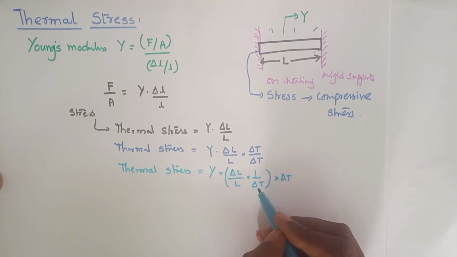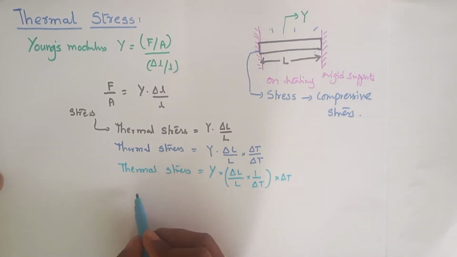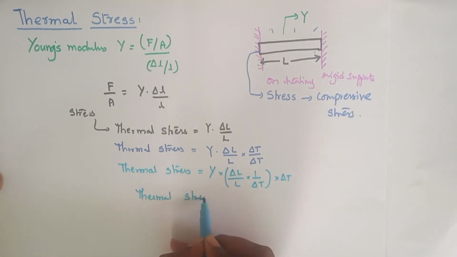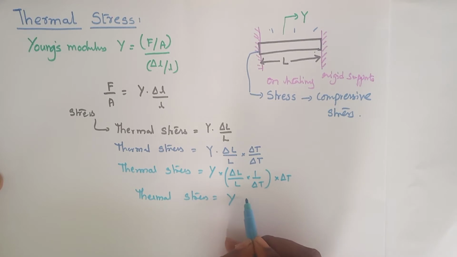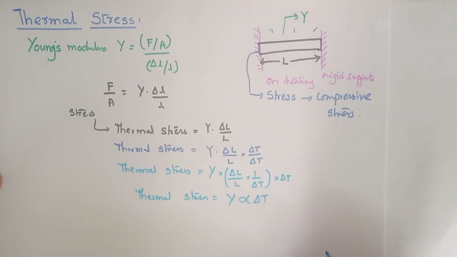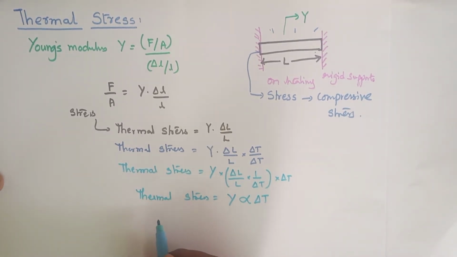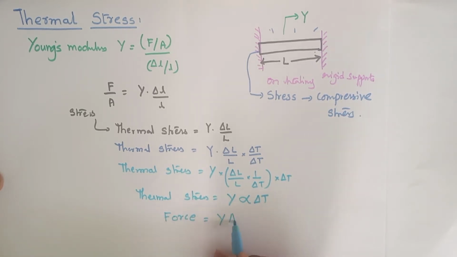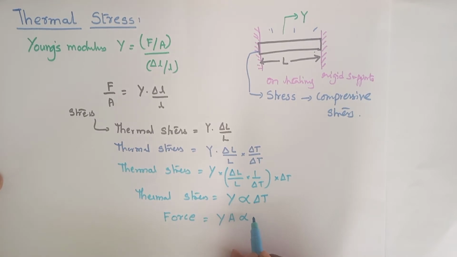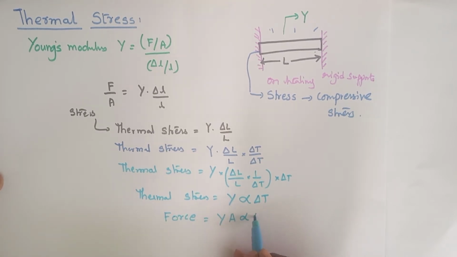This is called alpha. Thermal stress is equal to Y into alpha into delta T. Now the force acting on the rod on heating at the ends: F by A here, so force is equal to Y into A into alpha into delta T.